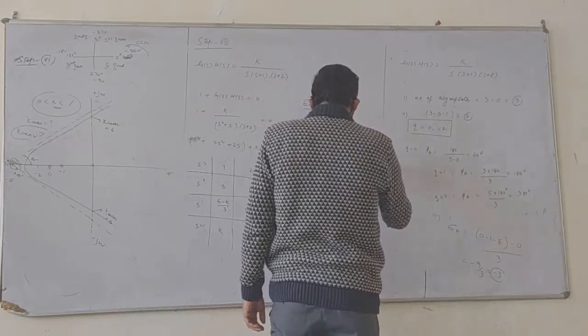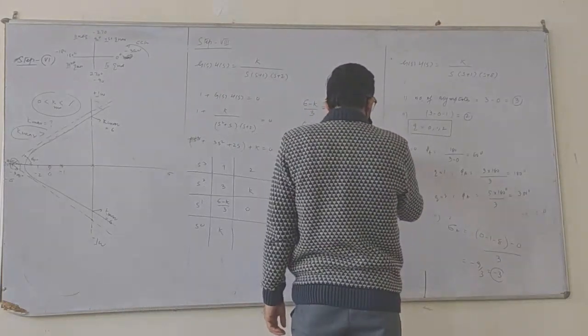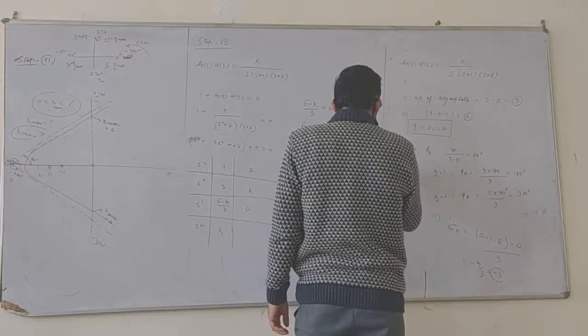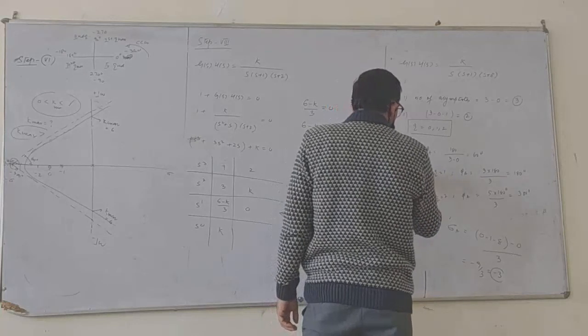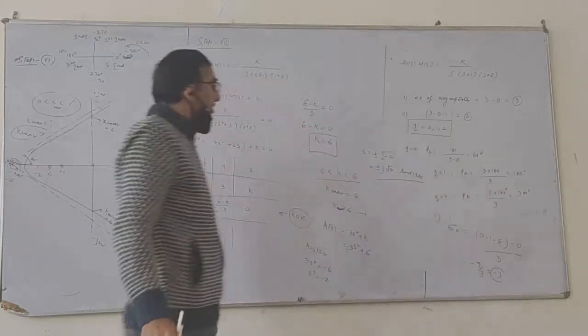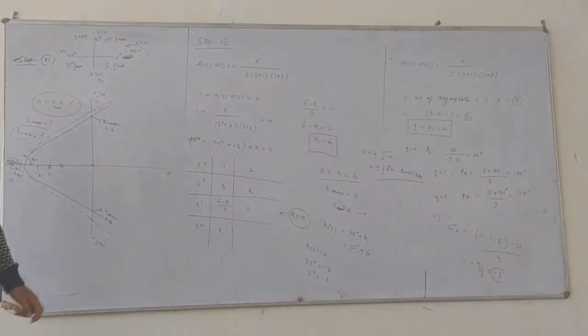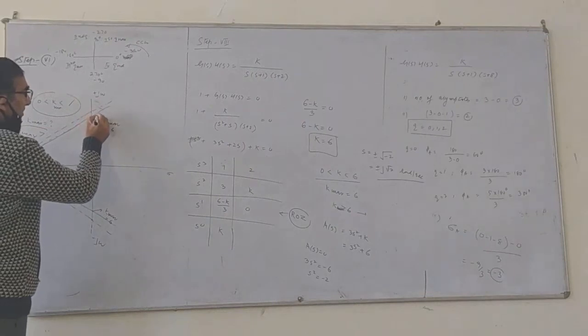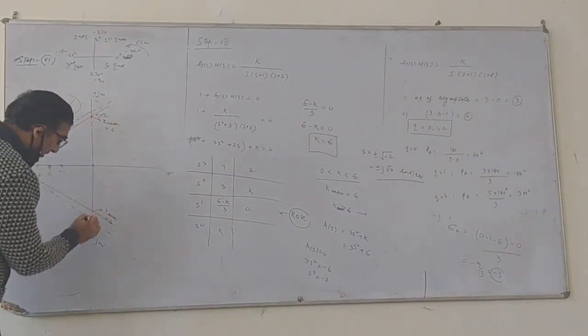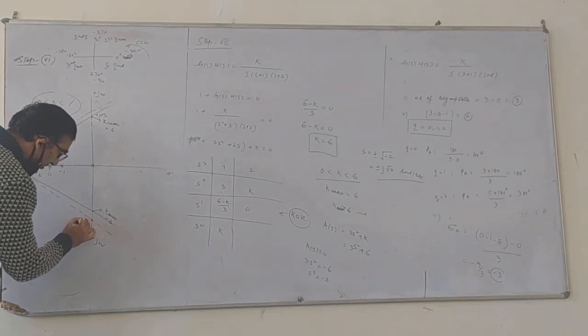So s will be equal to plus minus j root 2 radians per second. This is the frequency of oscillations. So the point where the root locus will cut the imaginary axis will be plus j root 2 and minus j root 2.